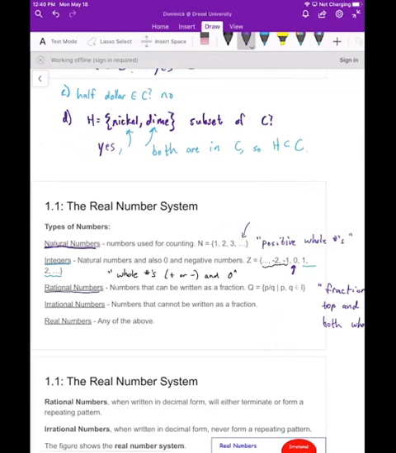All right, now the next one is a little bit misleading, because we're going to talk about the irrational numbers, and it says that they're numbers that cannot be written as a fraction. Now, when I say written as a fraction, I really should include that where the top and bottom are whole numbers. Right.